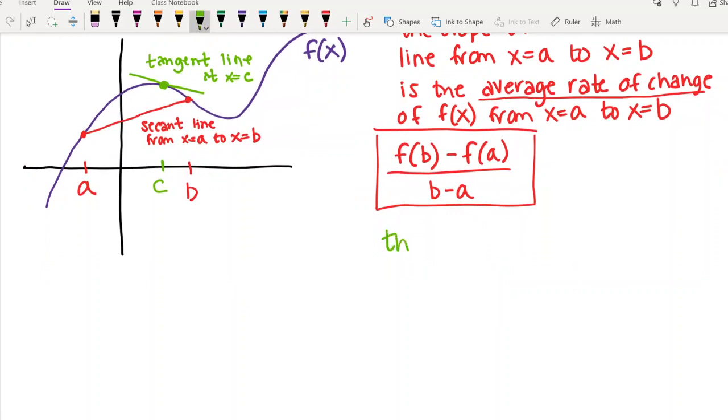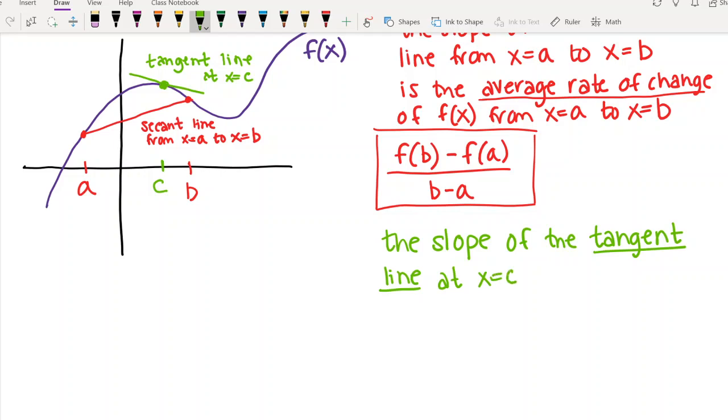So the slope of the tangent line at x is equal to c is the instantaneous rate of change.